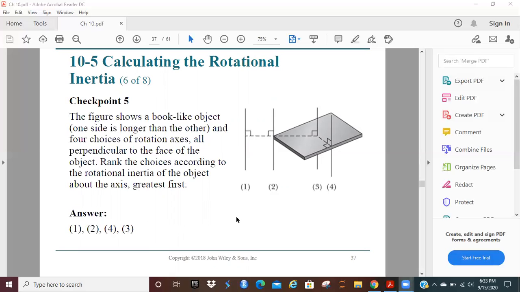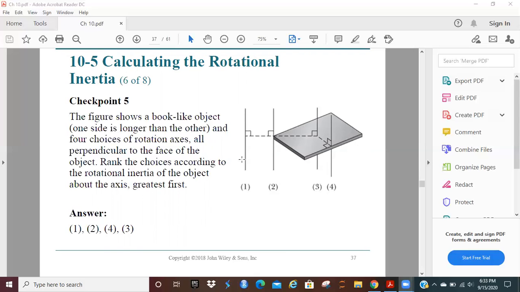Okay, if you were to do that, you're going to have to remember here that the further these mass points are away from your rotational axis, the harder it is to get this object in motion, because the moment of inertia not only depends on the mass, but it is more dependent on how far away they are from the axis.